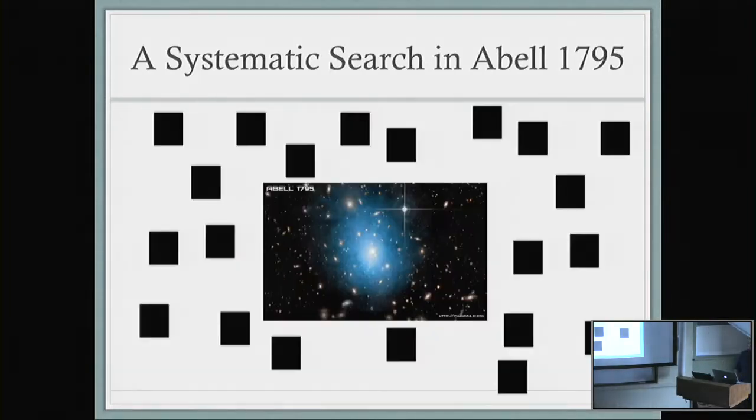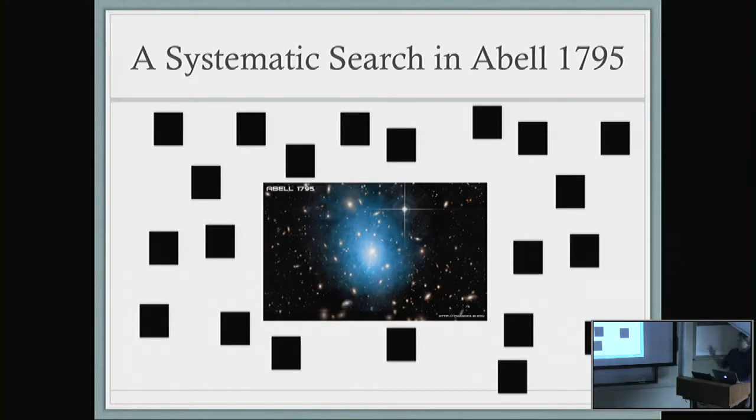The reason we picked 1795, this is my very bad picture of Chandra pointings that I just made literally a minute ago. The reason we picked this one is because Alexey Vikhlinin, who's here, maybe not here in the room, but here in the building maybe, recently had a big Chandra program to image this cluster out past the virial radius with Chandra.